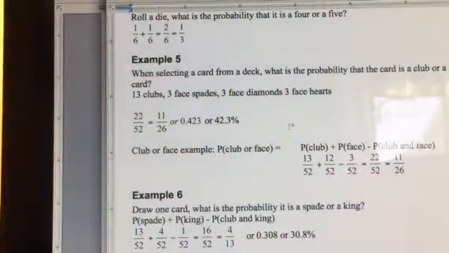With the diamonds, same thing, 3 face diamonds. With the hearts, same thing, 3 face hearts. So 13 plus 3 is 16, another 3 is 19, 3 is 22. So the total probability is 22 over 52. If you like fractions, that's 11 over 26. If you don't like the fractions, 22 divided by 52 goes to 0.423 or 42.3%.